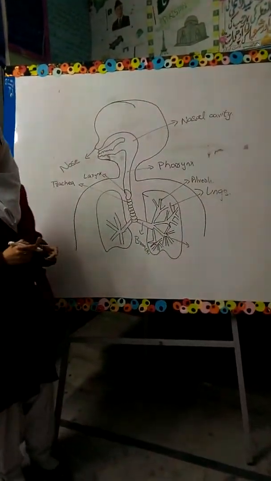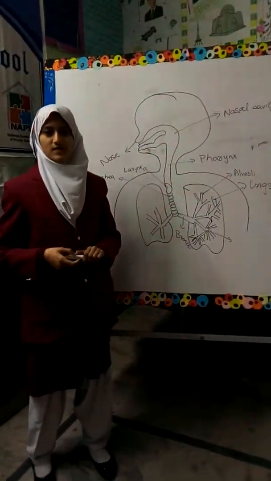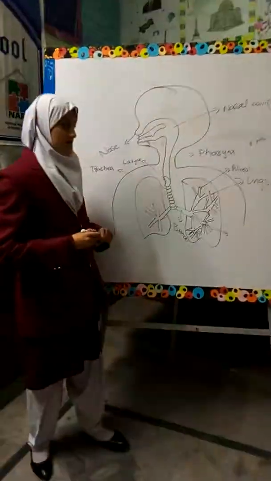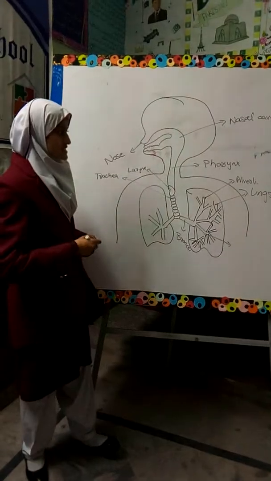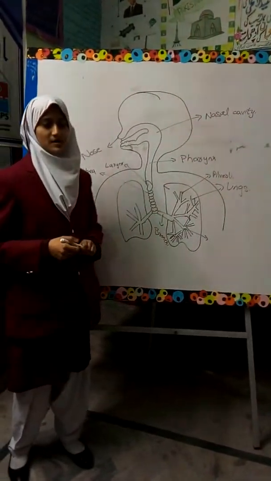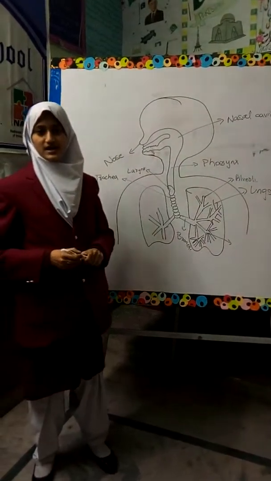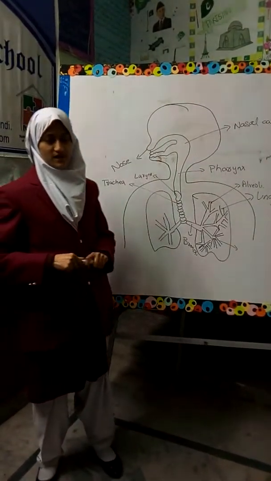And in the alveoli there are many blood capillaries, and from the alveoli the air enters our blood capillaries. During this process, from our heart, the upper part is called the superior vena cava, and the lower part is called the inferior vena cava.